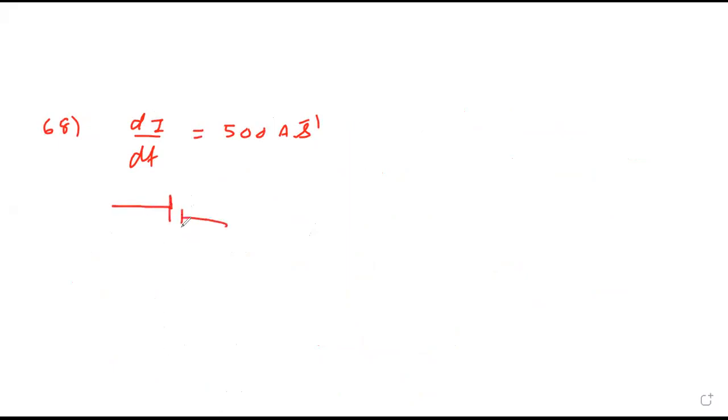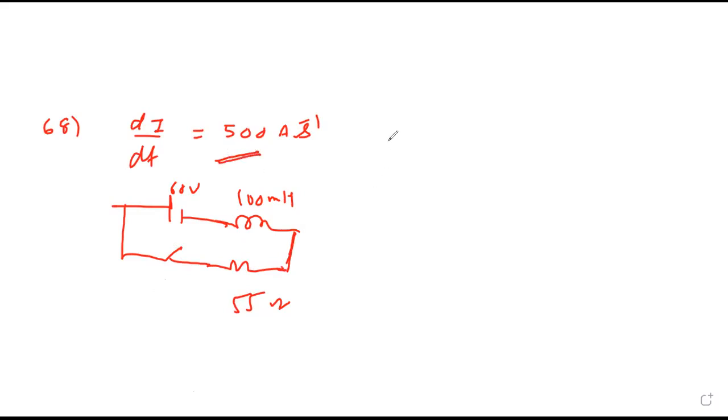So the key is pressed in the circuit, then current is changing at the rate of 500 per second. 55 ohm, 100 milliampere. Then current through the circuit is how much? Find the resistance, current through the circuit will be how much? This change in flux will produce what? Induced EMF, which is minus L di by dt, correct?